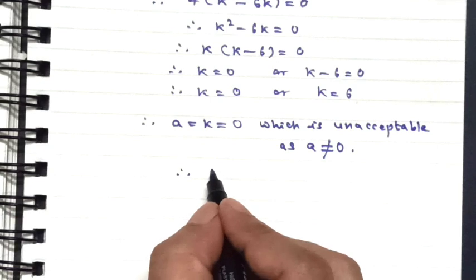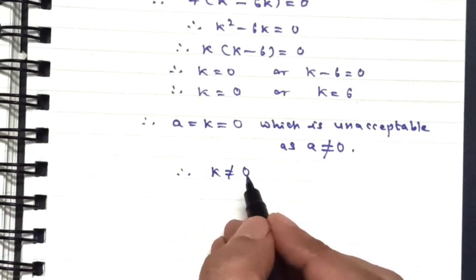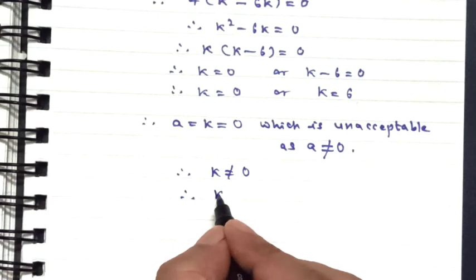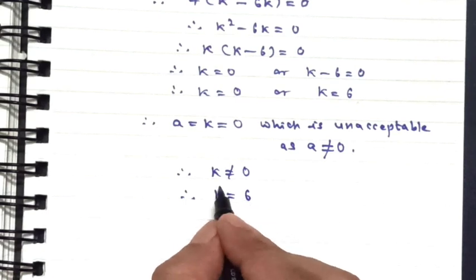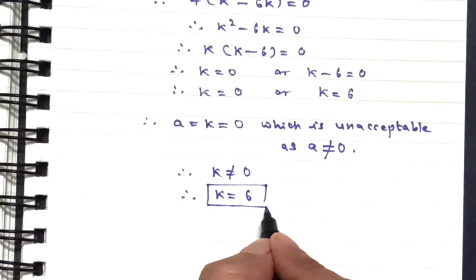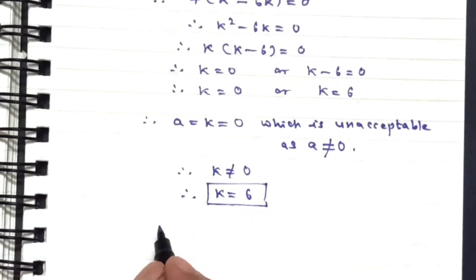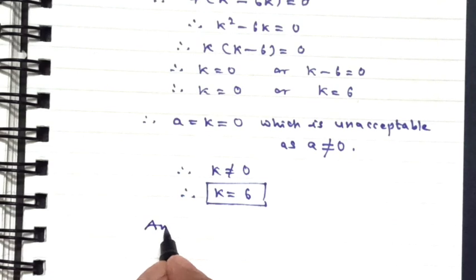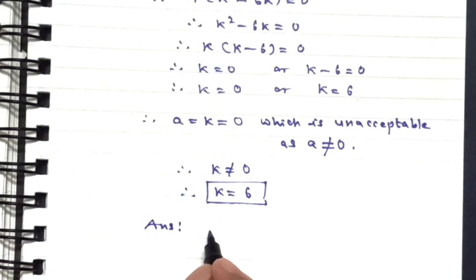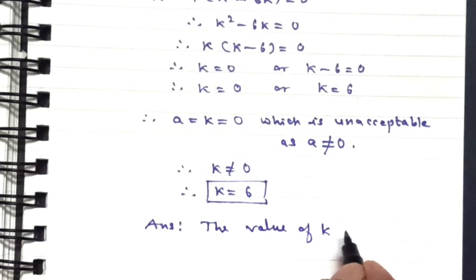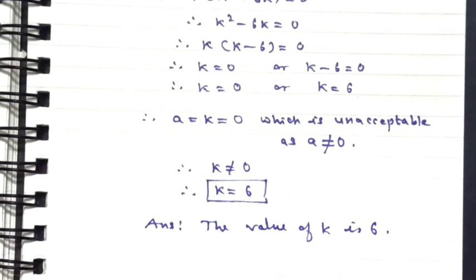Therefore k is not equal to 0. Therefore there will be only one value, which is 6. So k is equal to 6. So we'll write the answer. The value of k is 6.